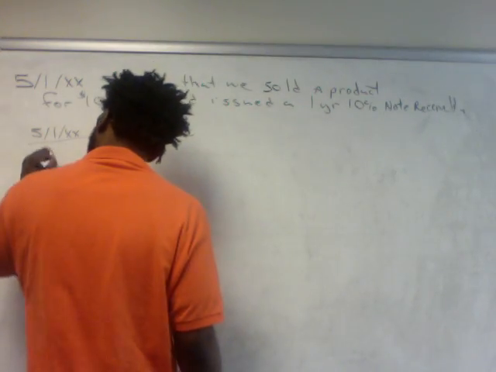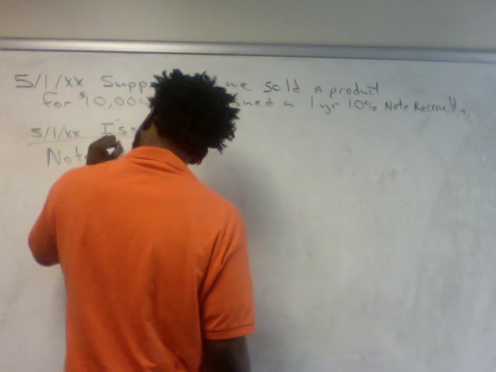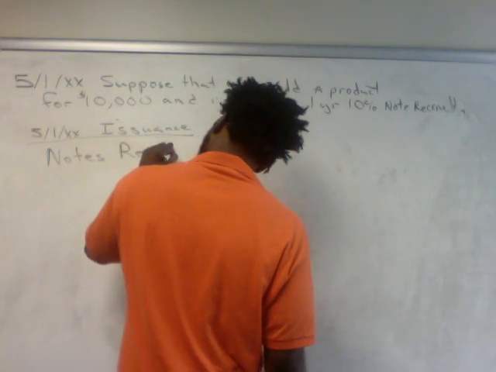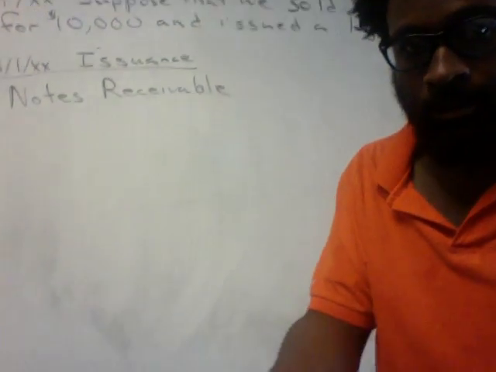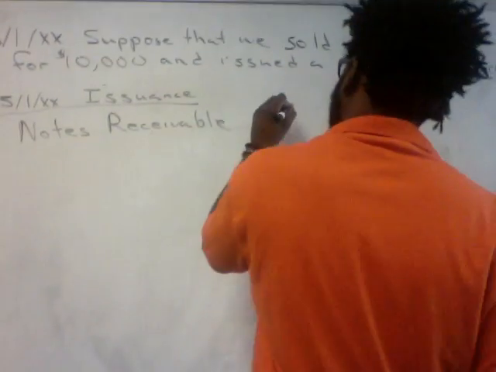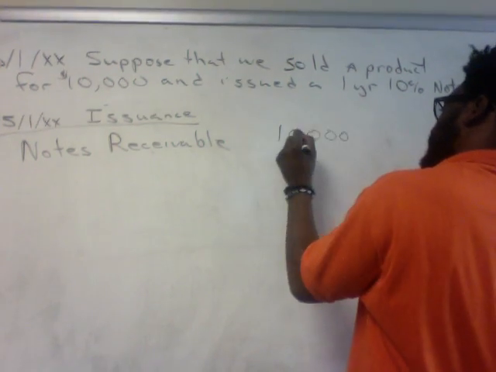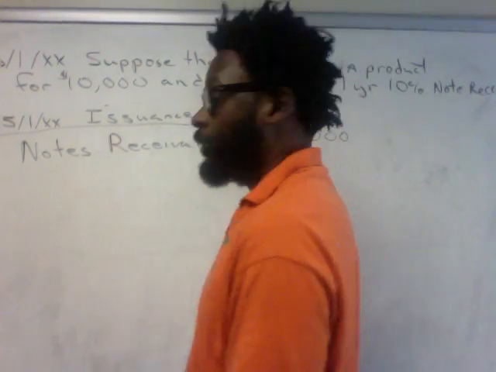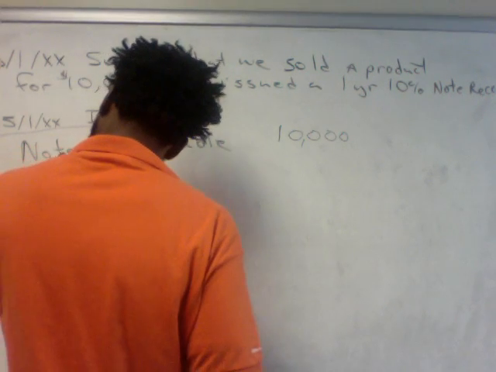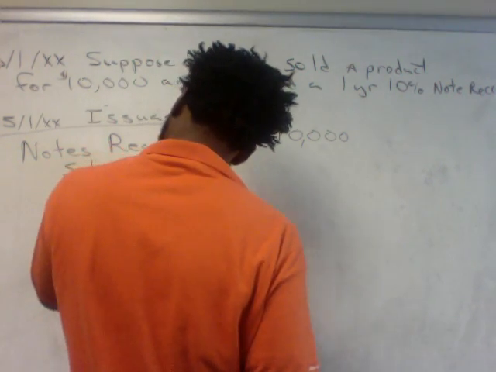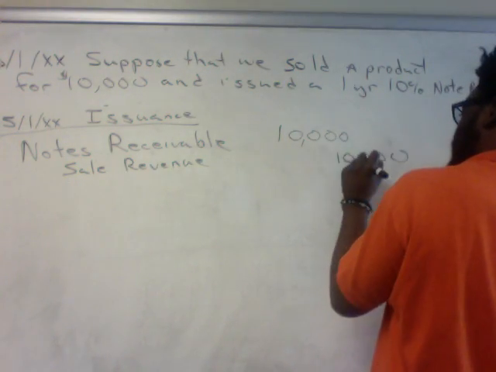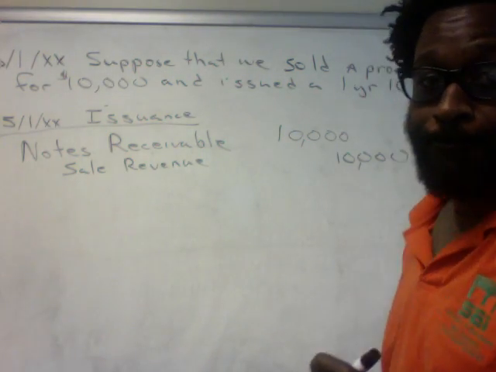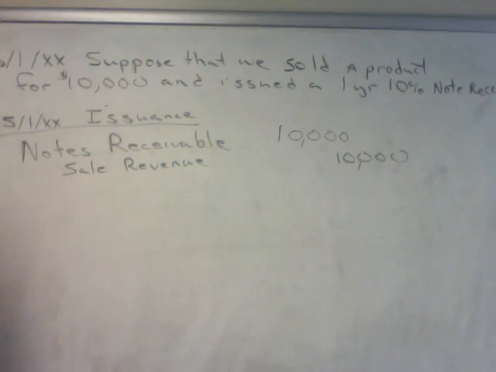We're going to debit note receivable for $10,000, and we're going to credit sales revenue, right? We generated some revenue by selling this product for $10,000. Piece of cake. Okay?